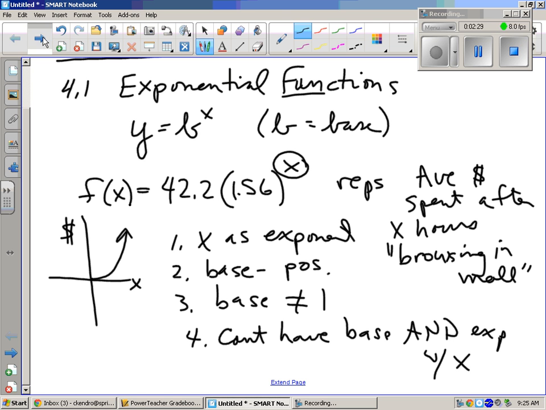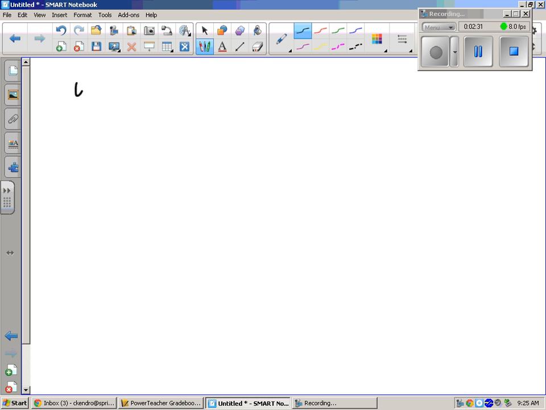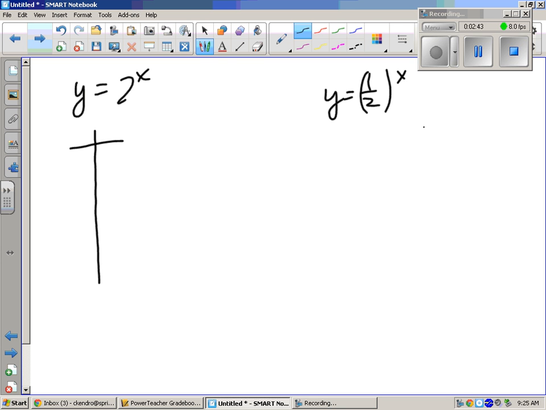All right, next we are going to graph two functions in the same grid. One is 2 to the x, the other one's 1/2 to the x. So I'm going to do a t-chart for both, and this is your basic way you're going to graph these. So y equals 2 to the x.